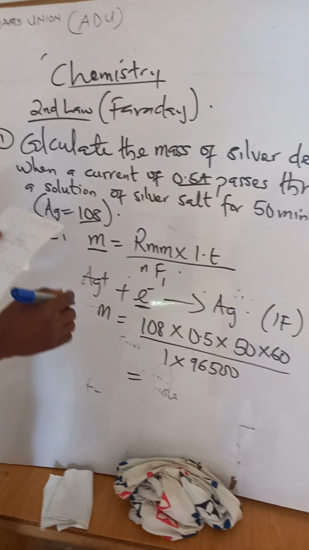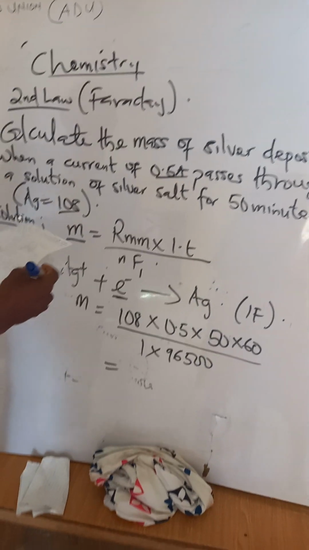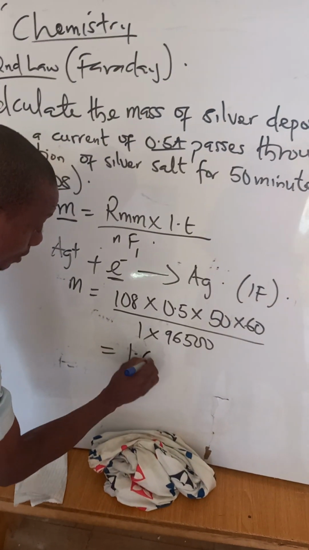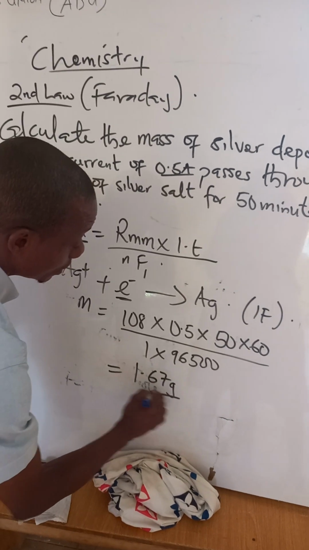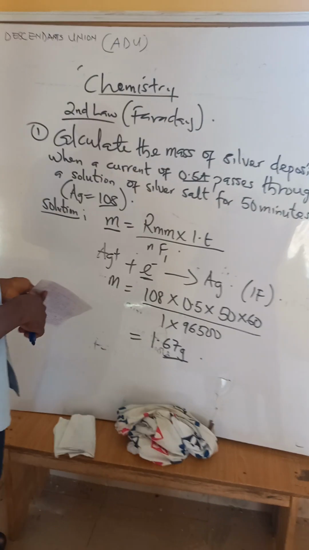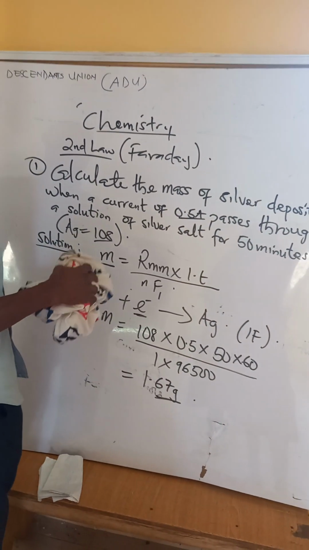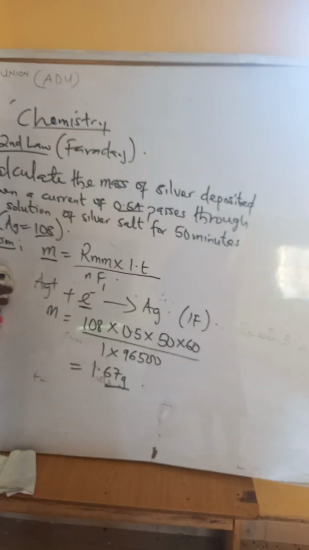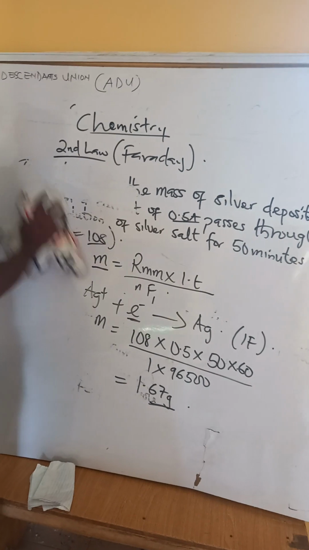If we solve that correctly, we are going to get 1.67 gram. That is the mass of silver that will be deposited. That's number 1, which could be one of the questions on that first law. The rest we are going to do will be under the second law.